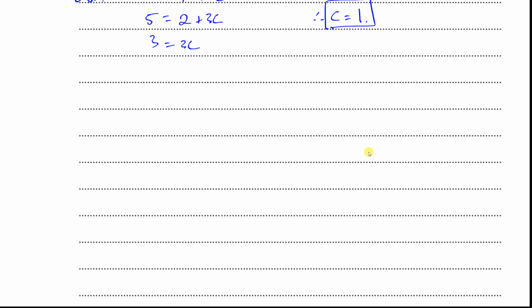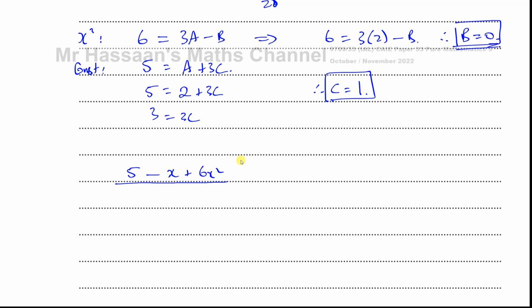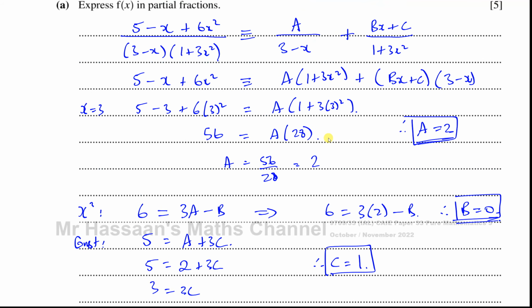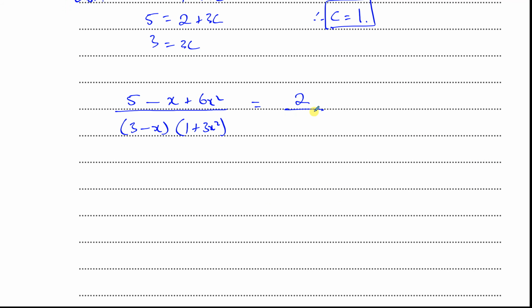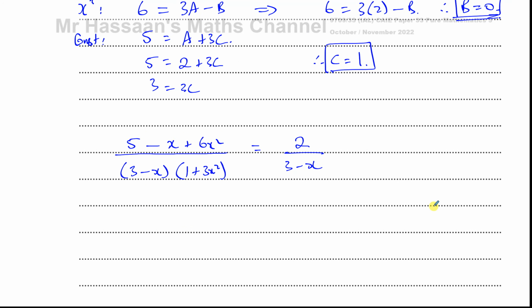So our fraction, 5 minus x plus 6x squared over 3 minus x times 1 plus 3x squared, splits up into A, which is, as we said, 2 over 3 minus x, and then plus C, which is 1 over 1 plus 3x squared.